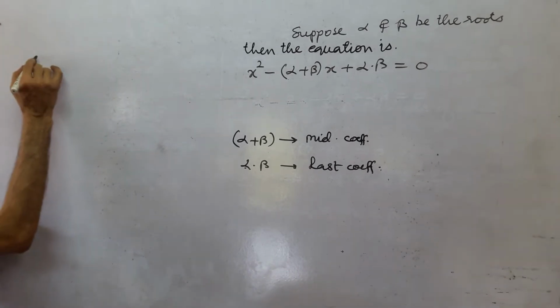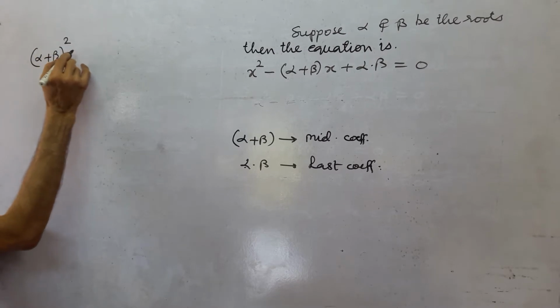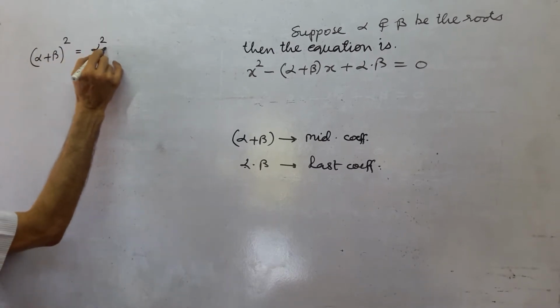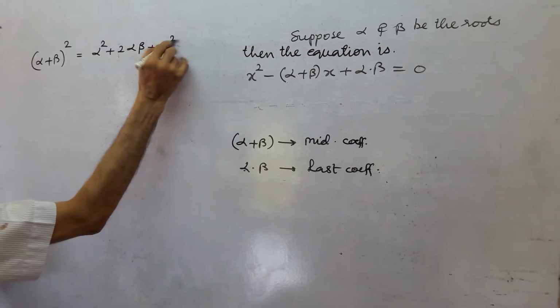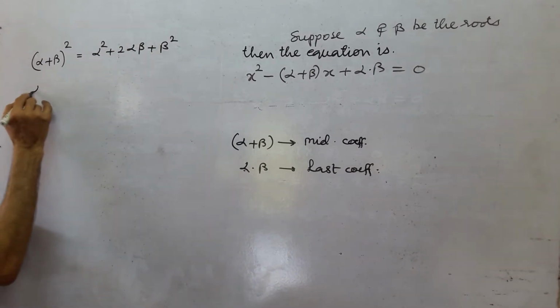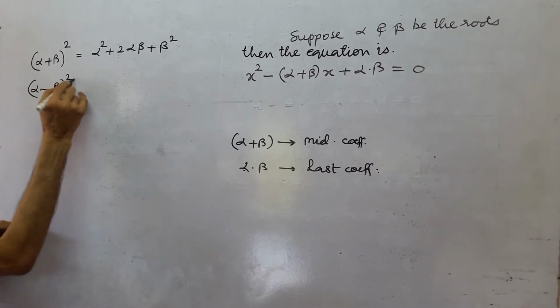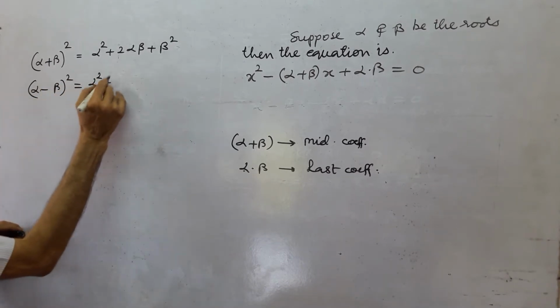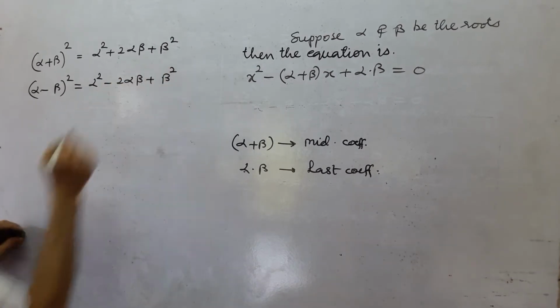We know that alpha plus beta whole square is equal to alpha square plus 2 alpha beta plus beta square. And alpha minus beta whole square is equal to alpha square minus 2 alpha beta plus beta square.